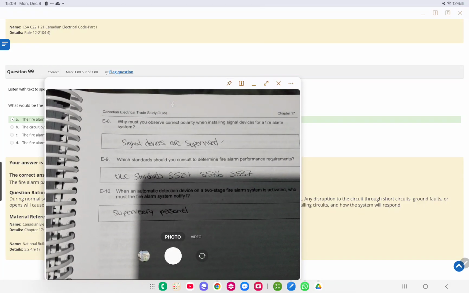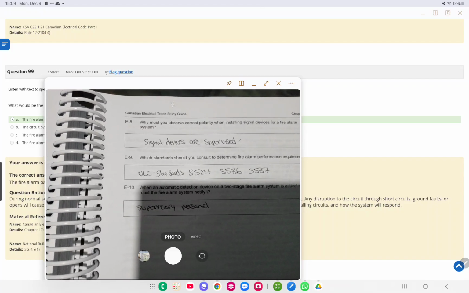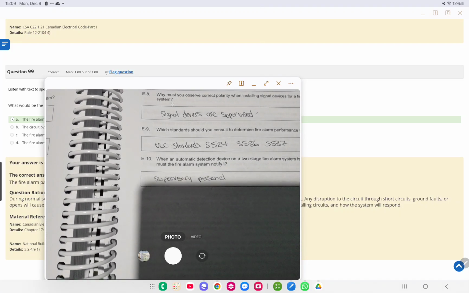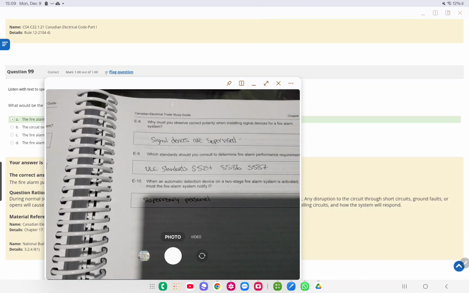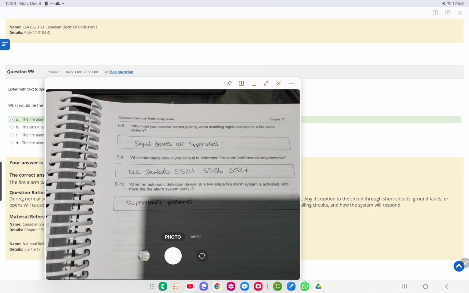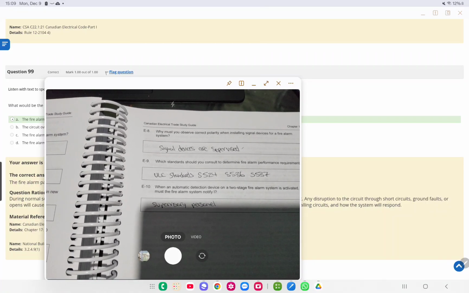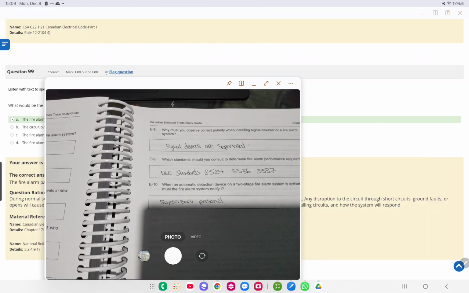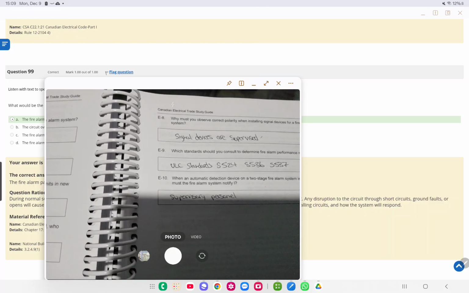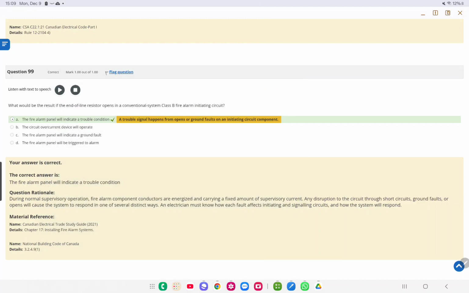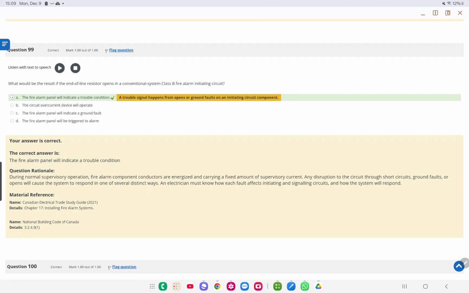When an automatic detection device on a two-stage fire alarm system is activated, who must the fire alarm system notify? The supervisory personnel. Okay, that's a little bit of information about fire alarm.